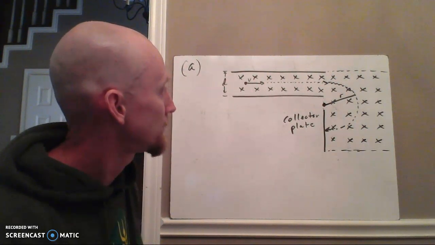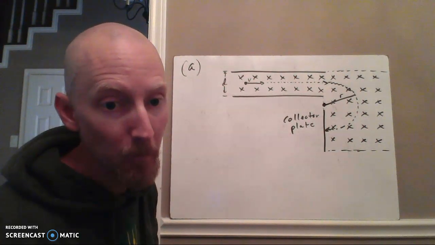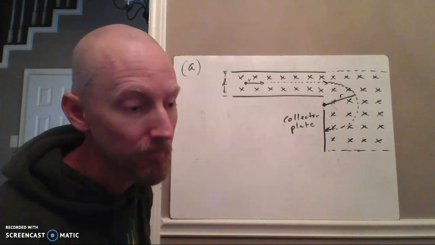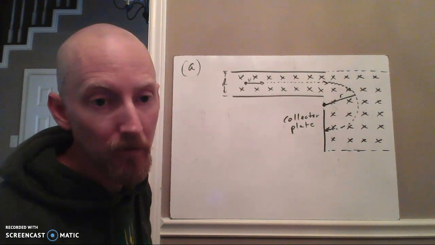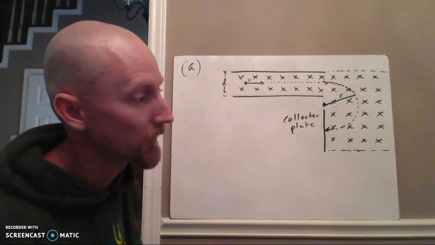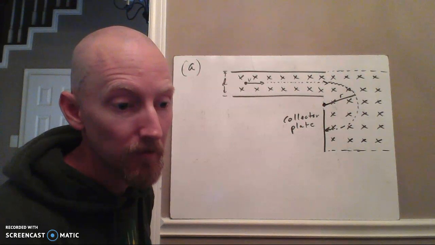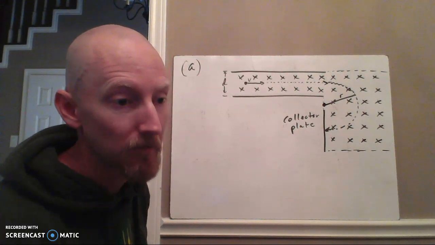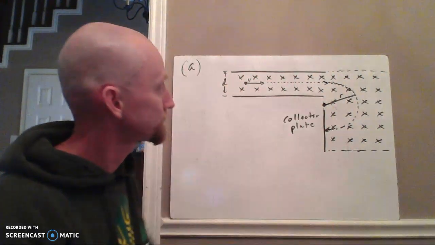The particle moves in a straight line, part A, because the two fields are in opposition. The magnetic field exerts a force one way, and the electric field exerts a force in the opposite way. Because of that, the two forces are balanced, and it moves through in a straight line.